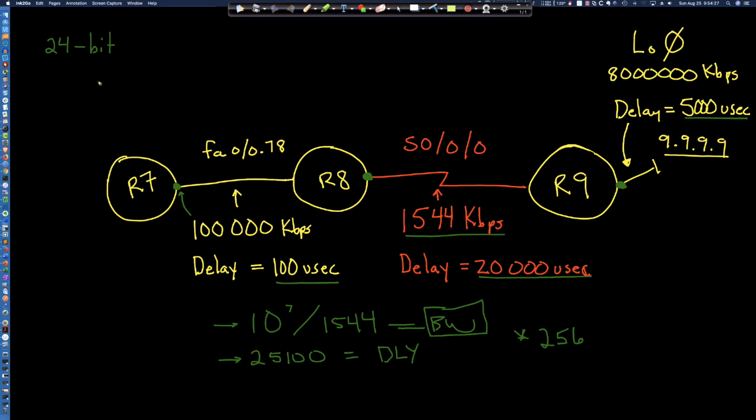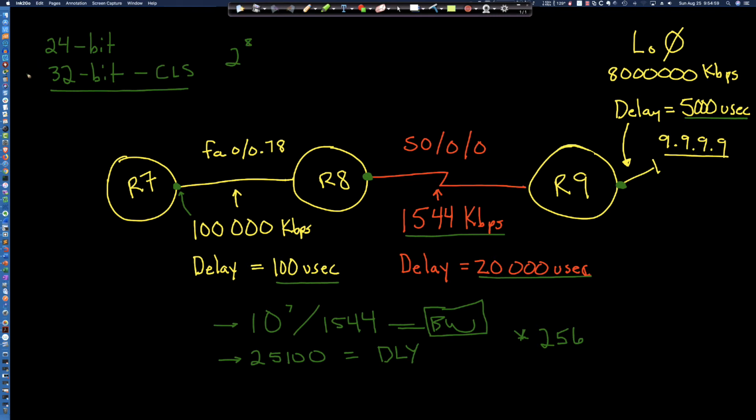EIGRP, to give you a little more resolution and a little more granularity, uses, and this is the classic EIGRP that we're talking about, not named mode, which is 64-bit, but classic mode, I'll just put CLS for classic mode here, uses 32-bit values. And so the difference when we're talking about powers of 2 here is going to work out to be 256, because you can see the difference is 8, so 2 to the 8, right?